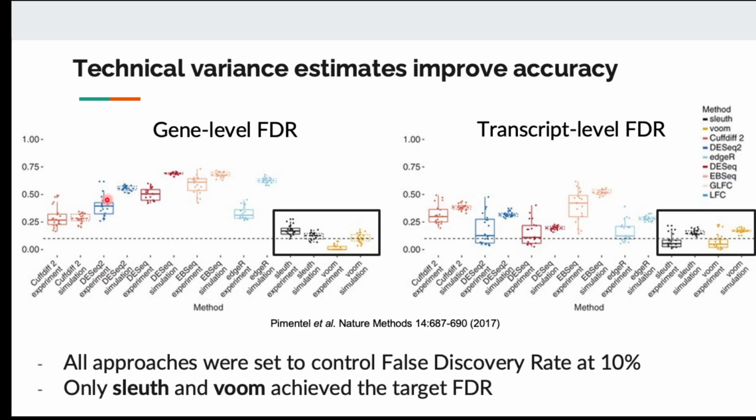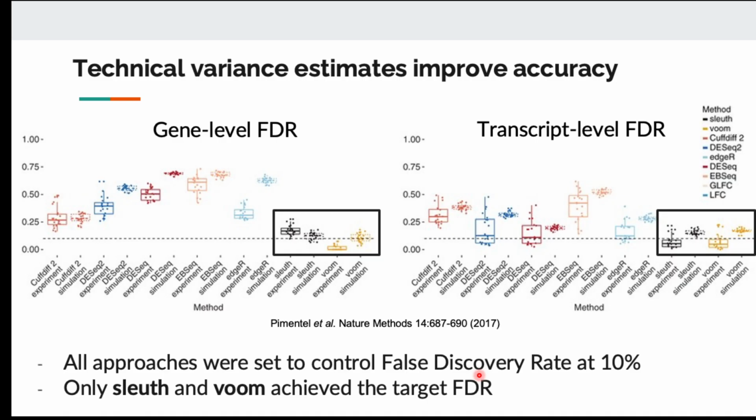What they are showing is when you analyze your differential expression, you want to apply a certain false discovery rate cutoff, FDR cutoff. So let's say you apply a cutoff at 10%, and you get 100 differentially expressed genes, you are hoping that no more than 10 genes would be false, because this is your false discovery rate.